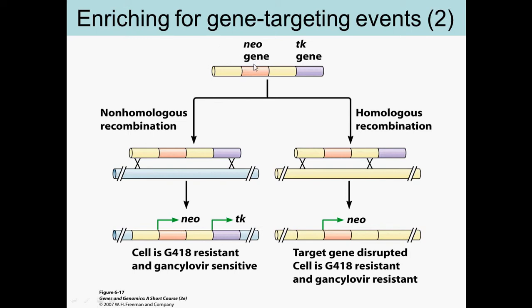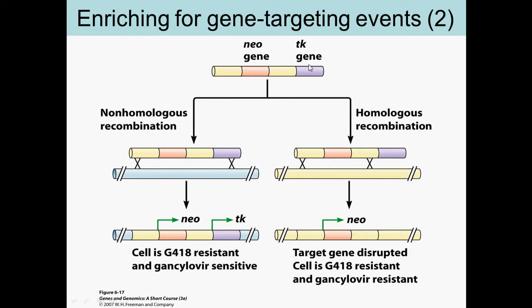So neomycin is to make sure that the gene itself is put in somewhere, not particularly at the homologous point. And the TK gene will make sure that it's placed in the right place. TK is thymidine kinase, which is going to alter ganciclovir, and it's going to make ganciclovir toxic.